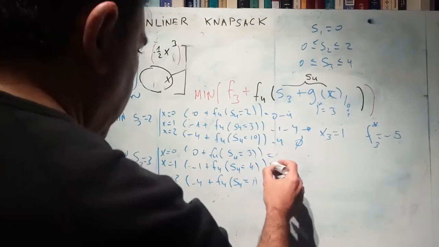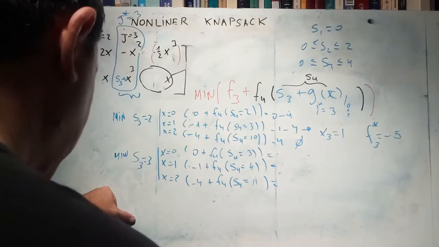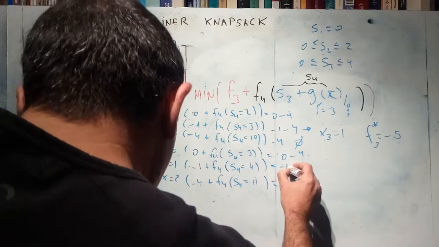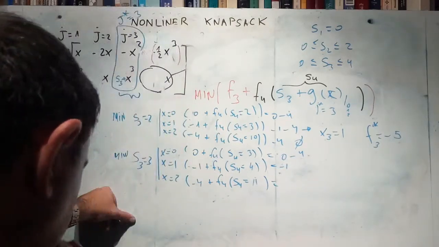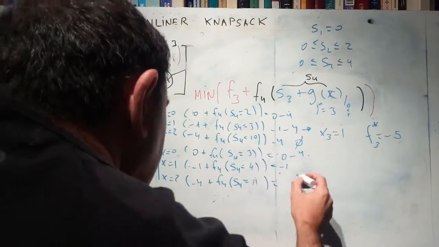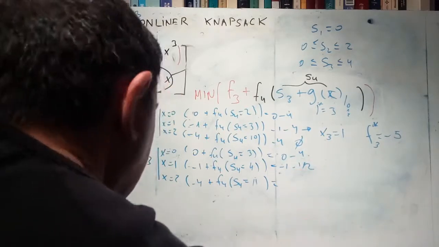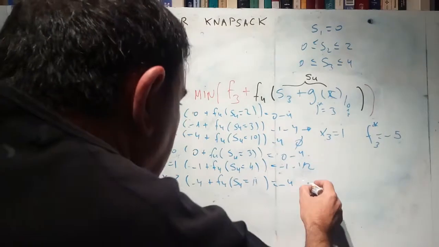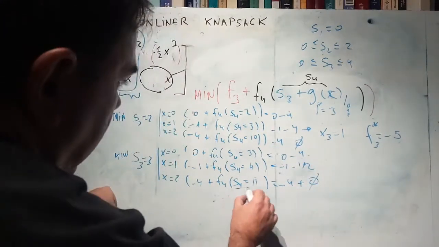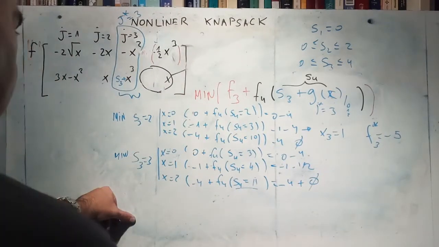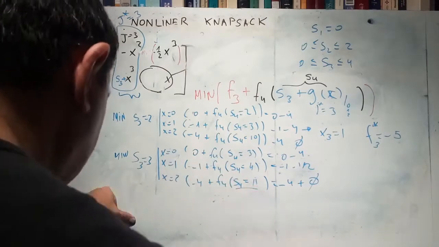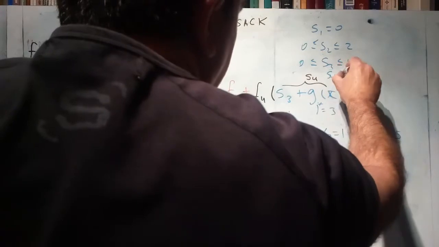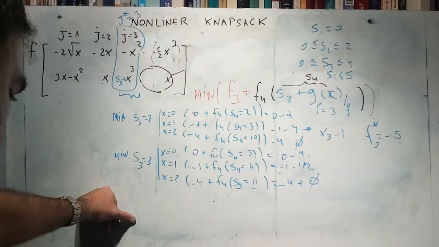Okay, and so this is giving us these values: 0, minus 4, minus 1, minus 1/2, and minus 4, and null, because S4 11 does not exist for us, because S4 finishes, remember, in 5, right?